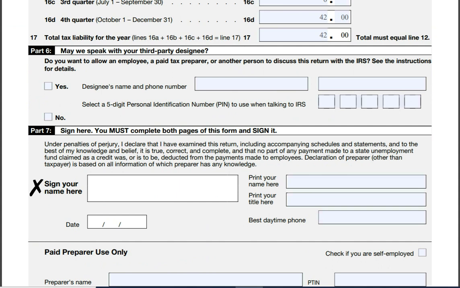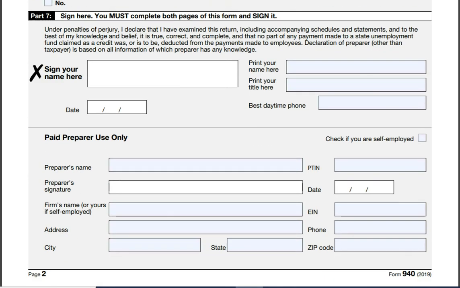Part 6 is to fill out if you have a designee whom you're allowing the IRS to speak to. You can fill out the name and a PIN. Then the signature, which must be signed by the president or accountant, whoever can declare that they examined this return and to the best of their knowledge and belief it is true and correct.